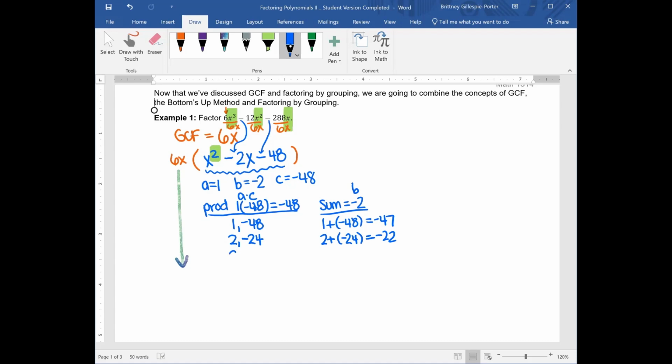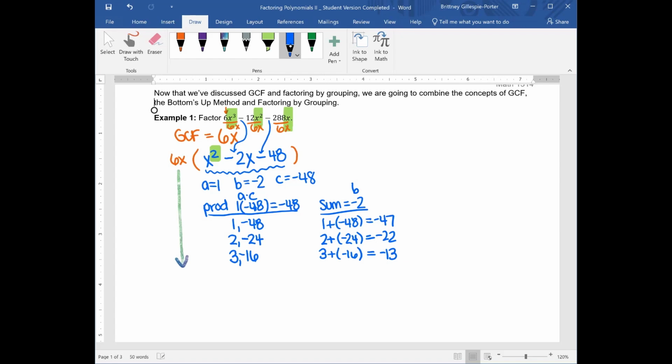Next number up from 2 is 3. 3 and 16 multiply to be 48. I need one of them to be negative. And when I add 3 and negative 16, I get to negative 13.